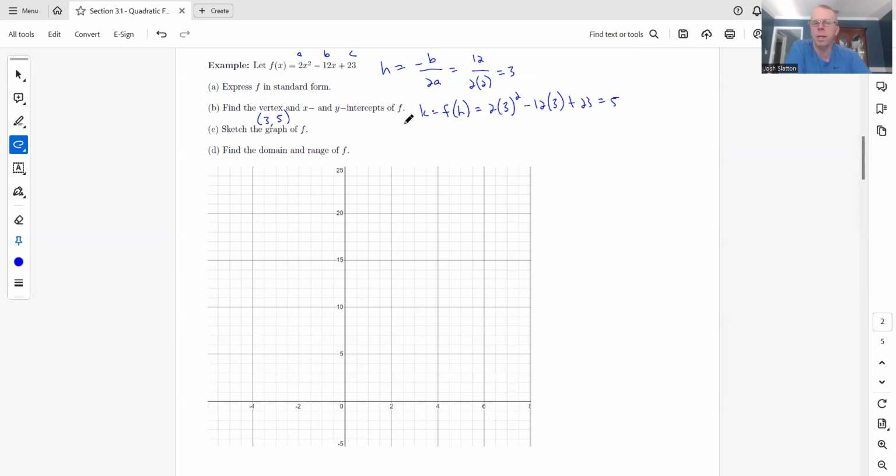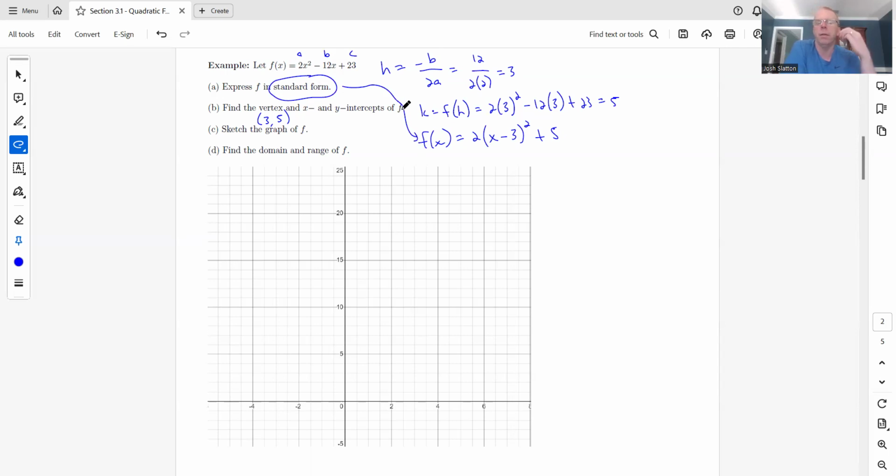Now we can write it in standard form. So we have f of x. The a is going to be the same. The a in this form is 2, the a in the standard form is also 2. So that will always be the same. It's the same a. (x minus h), which is 3, squared, and then plus k, which is 5. And so that is our standard form.